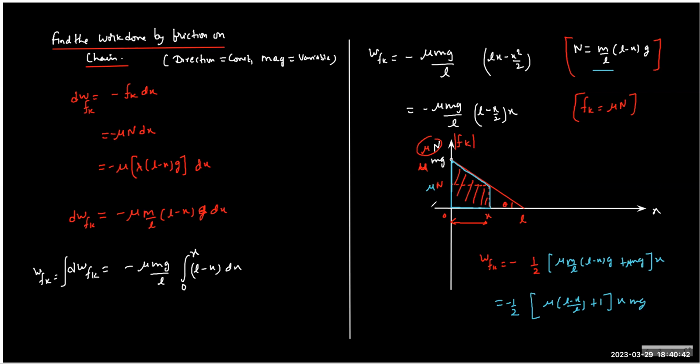Okay, now we're changing to the graph of friction, right? I can take mu common, just take mu common. Or we can make it even simpler. Don't make it too messy. Yes, simple.